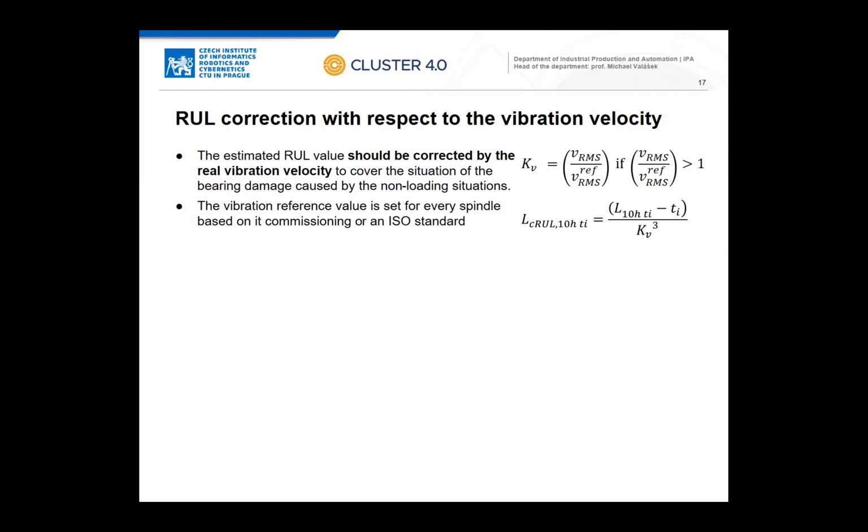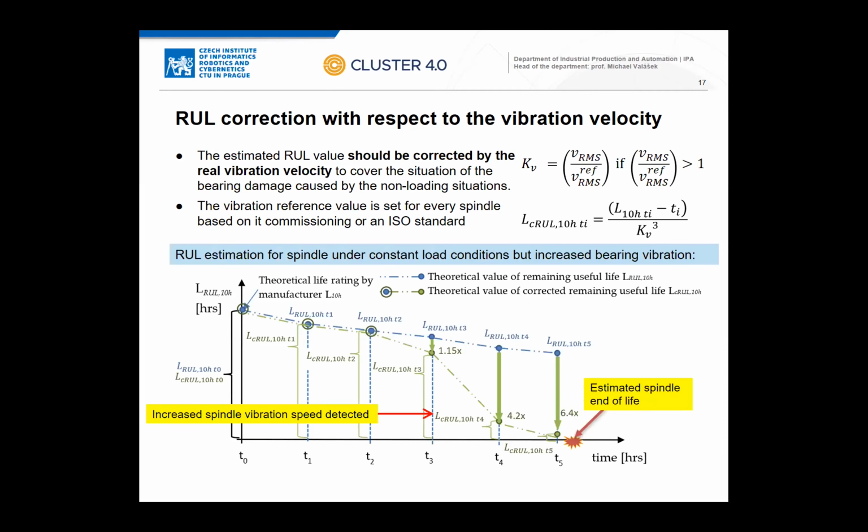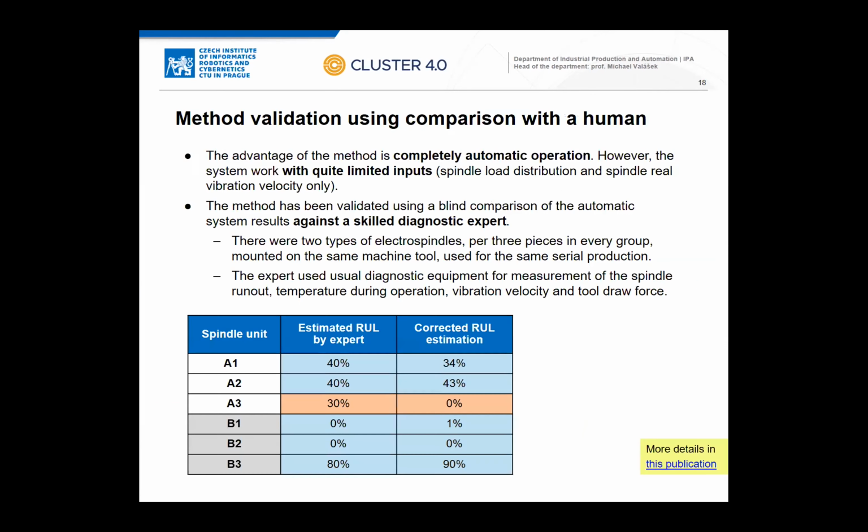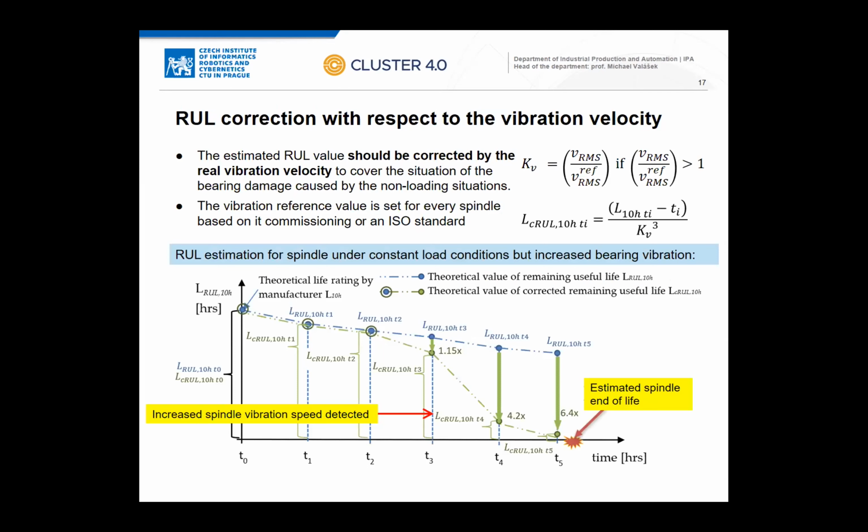So there is a correction result, and we can see this. In this case, if you have constant load of the spindle, the remaining useful lifetime is decreasing constantly. But if there is another type of damage on the spindle, using the correction from the vibration, we can see that the estimation goes down.